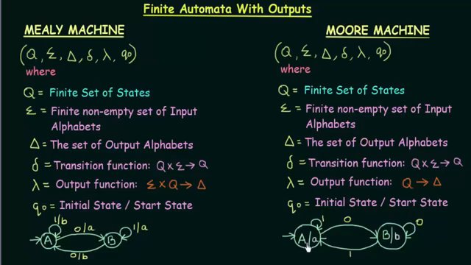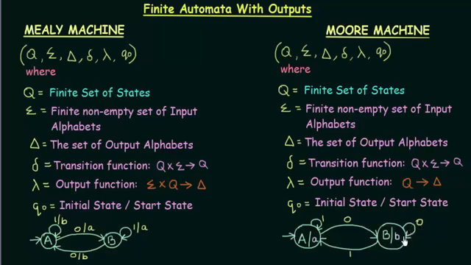Here we have a Moore machine, and here we have states A, where A is the starting state, and B is another state. Here we see that A is associated with the output small a, and B is associated with the output small b. So A, on getting input 1, goes to A itself and produces output small a, and on getting input 0 it goes to B, and this B produces output small b.